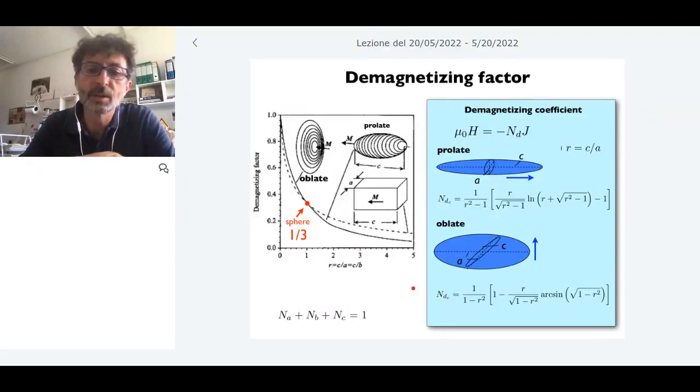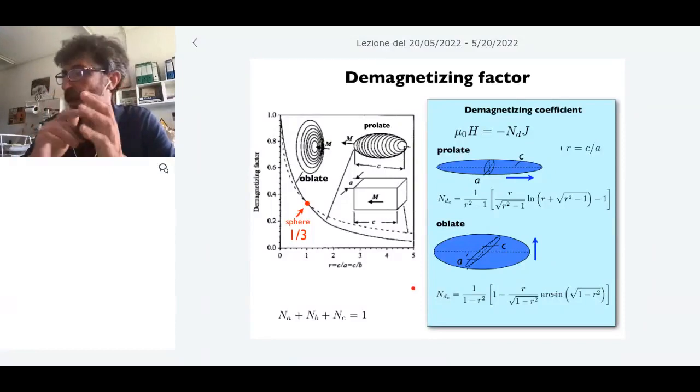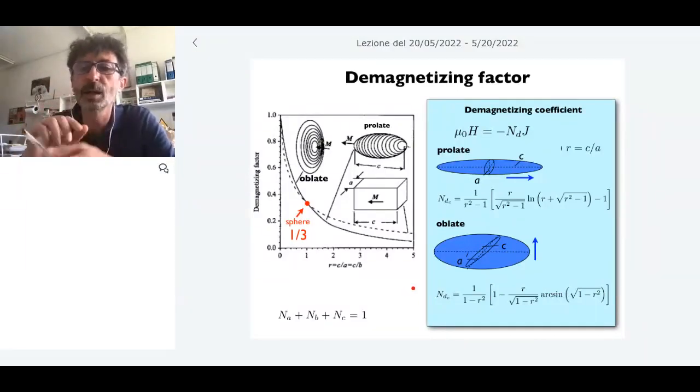Take the opposite condition. So take the oblate, magnetized along the symmetry axis. So you're taking something which looks like a disk, and you're trying to magnetize in the direction perpendicular to the disk. It already looks not so good.